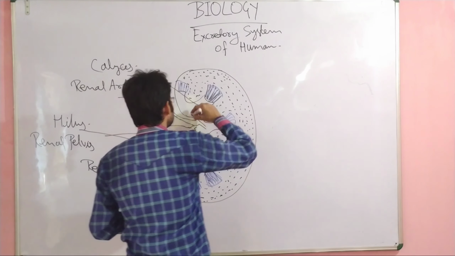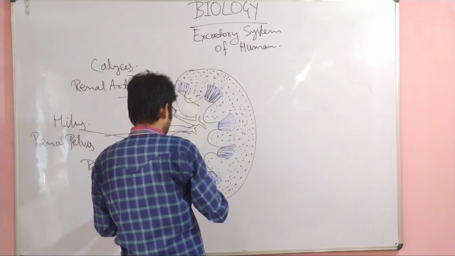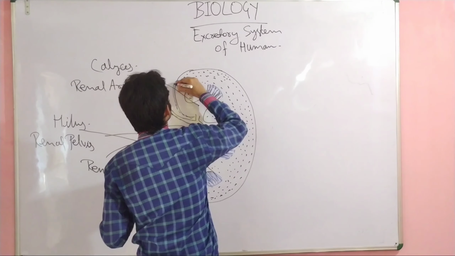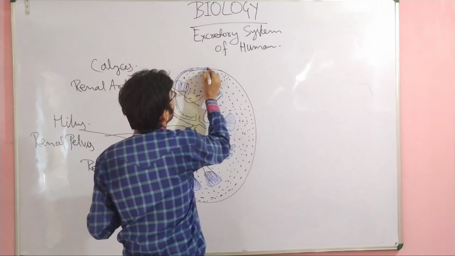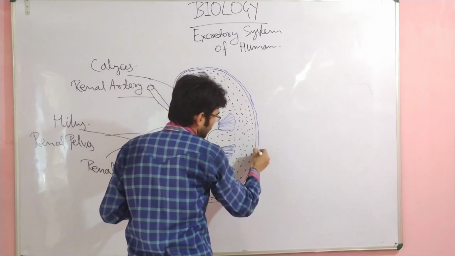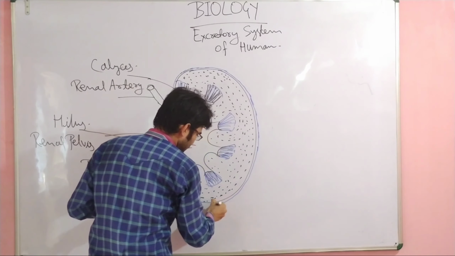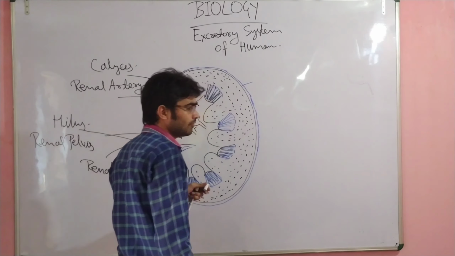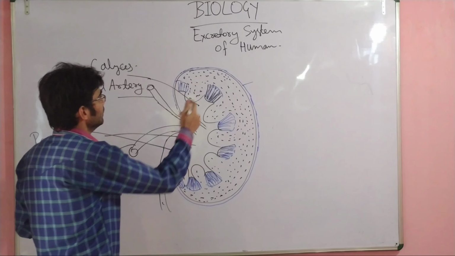Now the kidney has a tough fibrous structure covering it. I'm going to make an outline here to demonstrate. This is the fibrous structure, which acts as a protective agent.